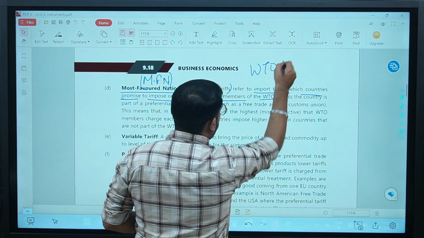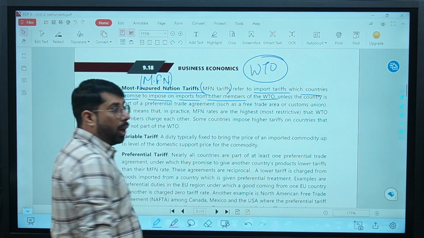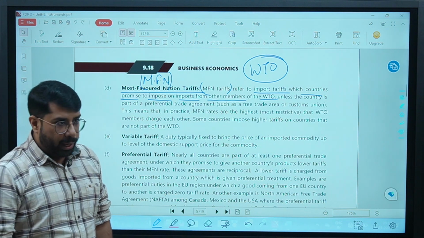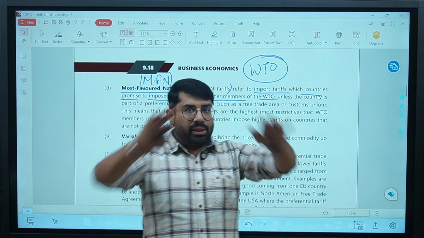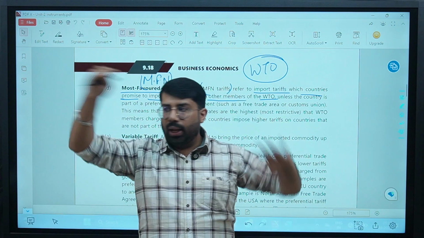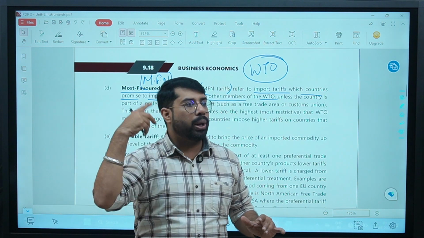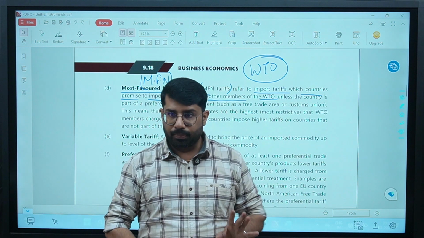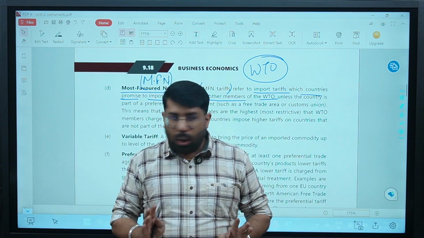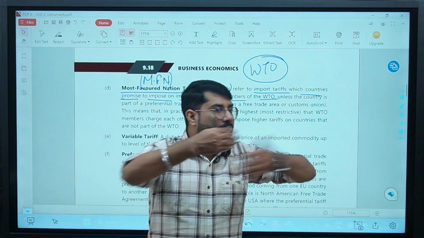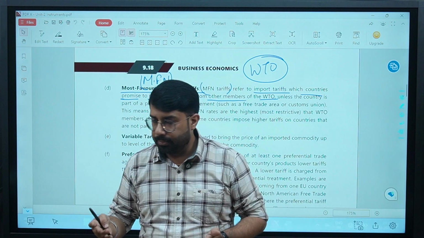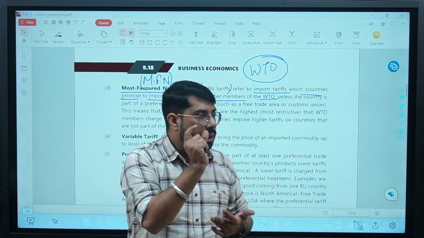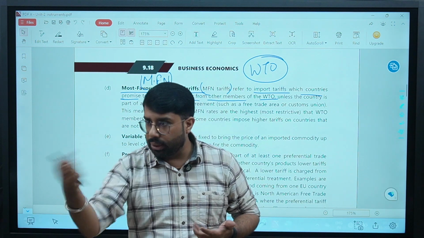WTO, World Trade Organization. Let us say this is the World Trade Organization and everybody sitting here represents one country. So you are the country, or you are a member of the WTO. Now, when we import and export goods with each other, we will promise to levy a certain amount of tariff on each other.